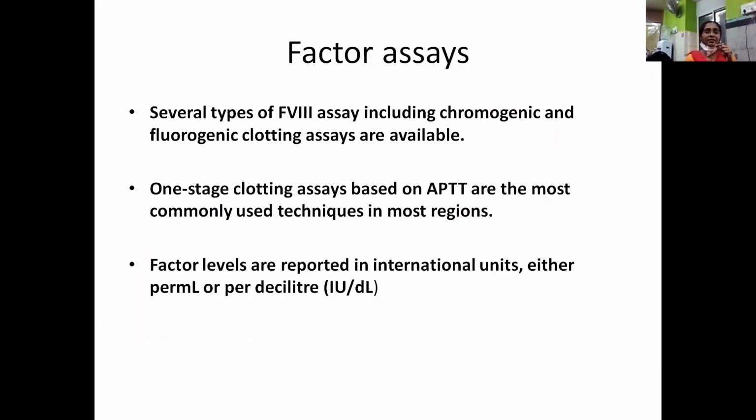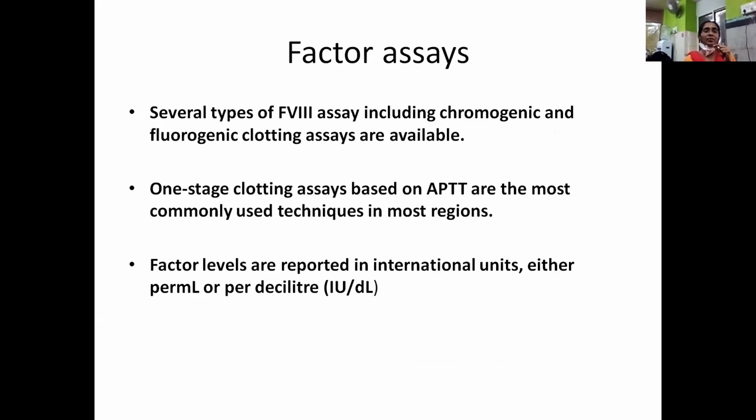So factor assays, what do we mean when we say a factor assay? Routinely in our labs, we are doing the one-stage clot-based APTT-based factor assay. That is the commonly used technique for assessing the factor level.